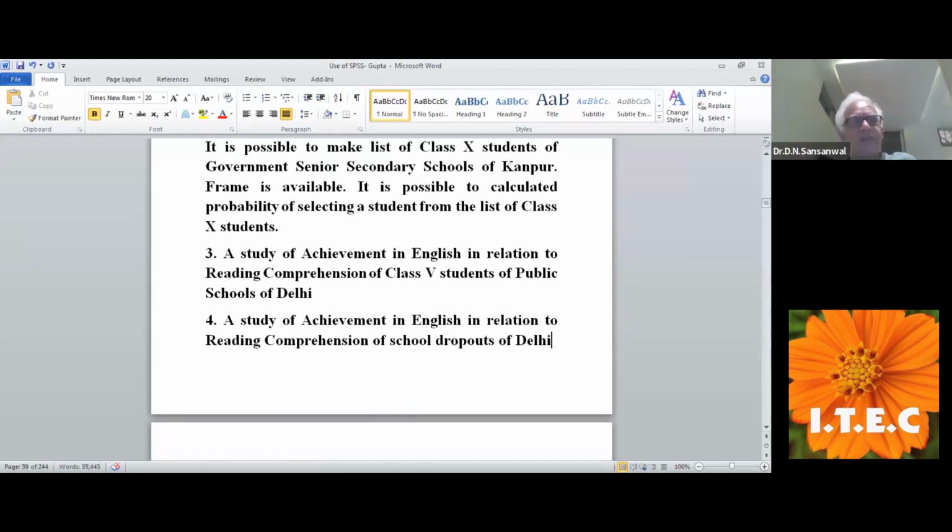In which case will you use a probability sampling, and in which case will you use a non-probability sampling?